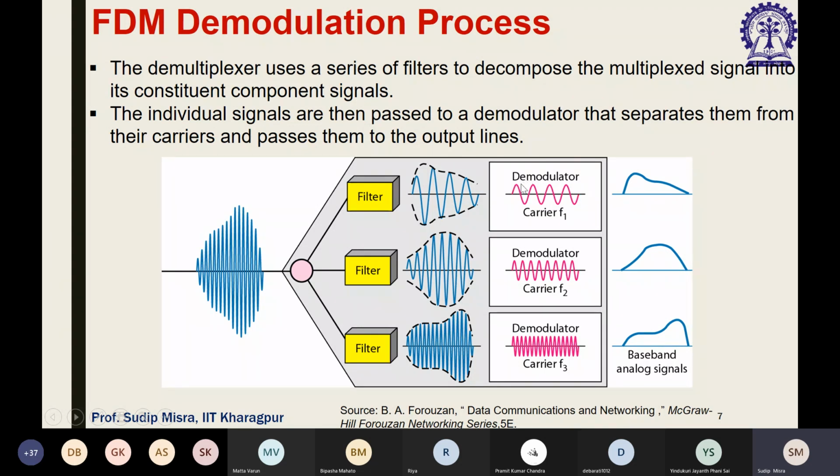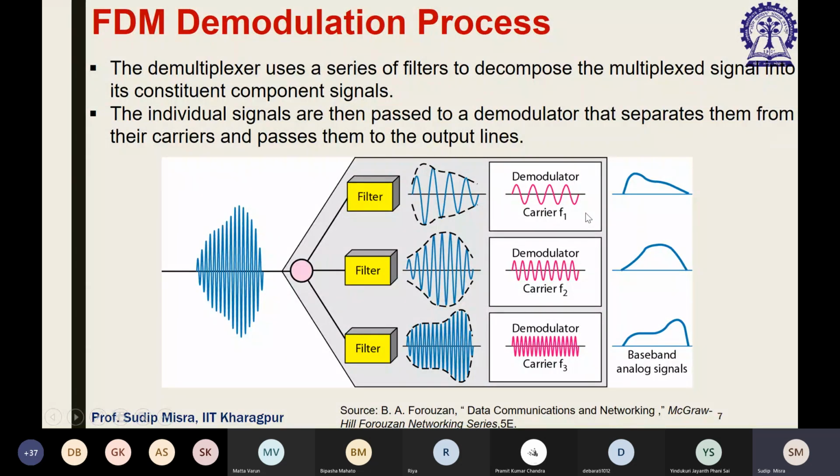So the individual signals are going to be separated out, and only the carrier frequencies are going to be left out. The input signals that were modulated are going to be demodulated out, leaving the carrier frequency separate.